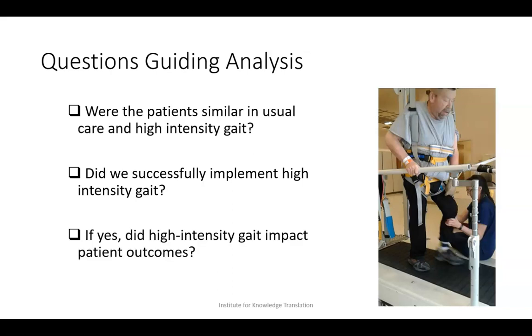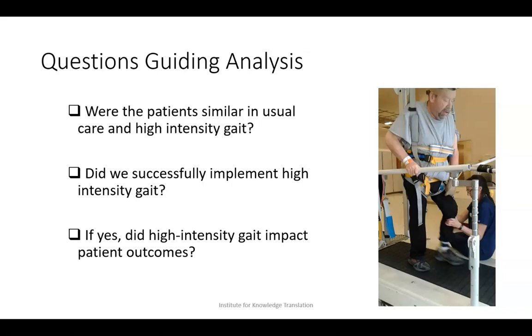And then finally, if we did all that, did the high intensity gait training make a difference for patient outcomes? Because that's where it ultimately is, right? So if we show that we were able to change practice in terms of getting patients to practice walking more, work harder, but it doesn't ultimately make a difference for the patients, then that practice change really needs to be called into question about whether or not it needs to stay around.